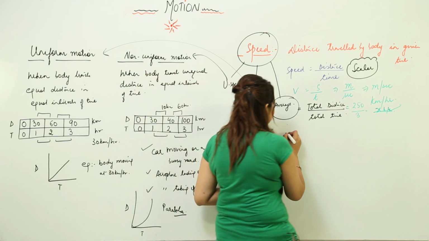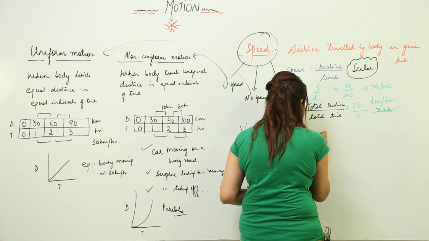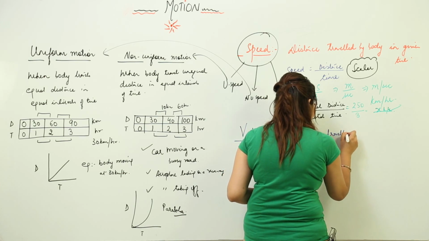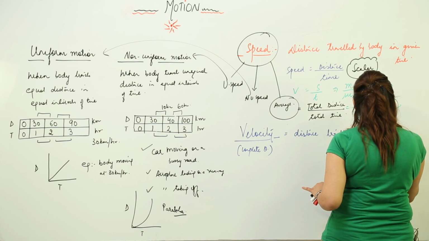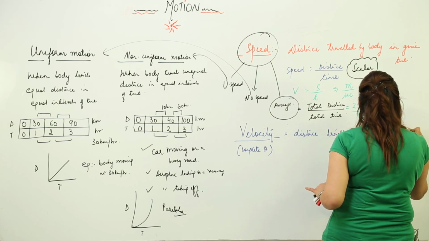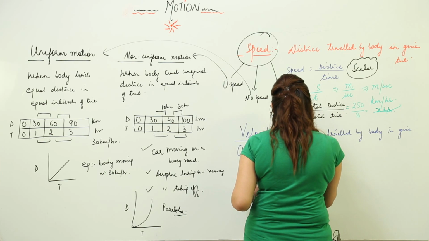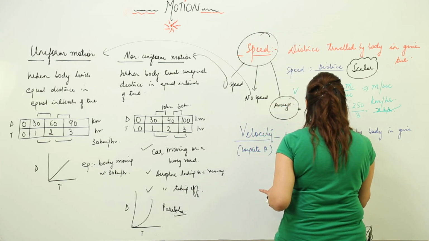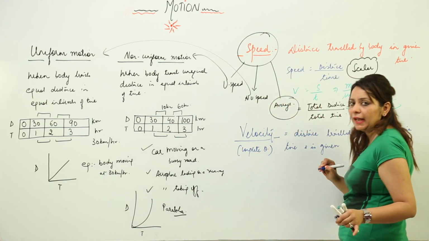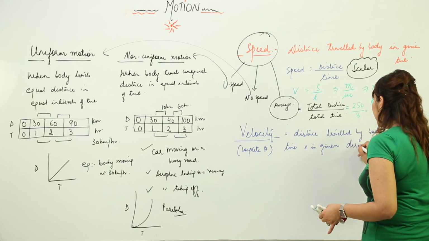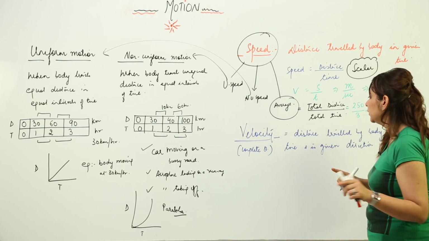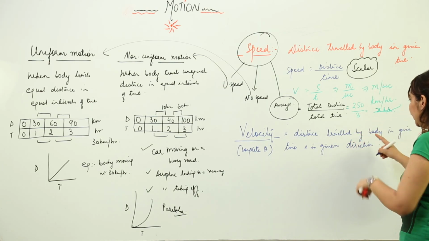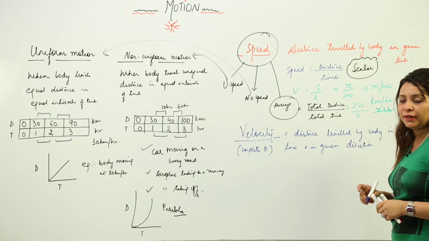So what is velocity? It is distance travelled by a body, same as speed, in a given time and in a given direction, or in a straight line or in a particular direction, whatever term you can use. It means only one direction. So velocity is distance travelled by a body in given time but in a given direction.